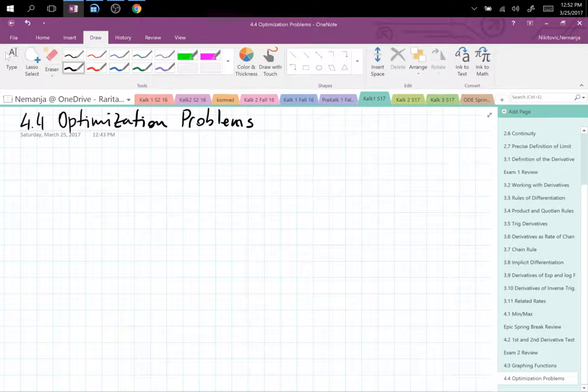Hi, it's Calculus 1, section 4.4, optimization problems. We are going to take a look at application of minima and maxima. Therefore, what you learned in section 4.1 on how to find min and max is how we are working these problems out. We are adding the component where we model.